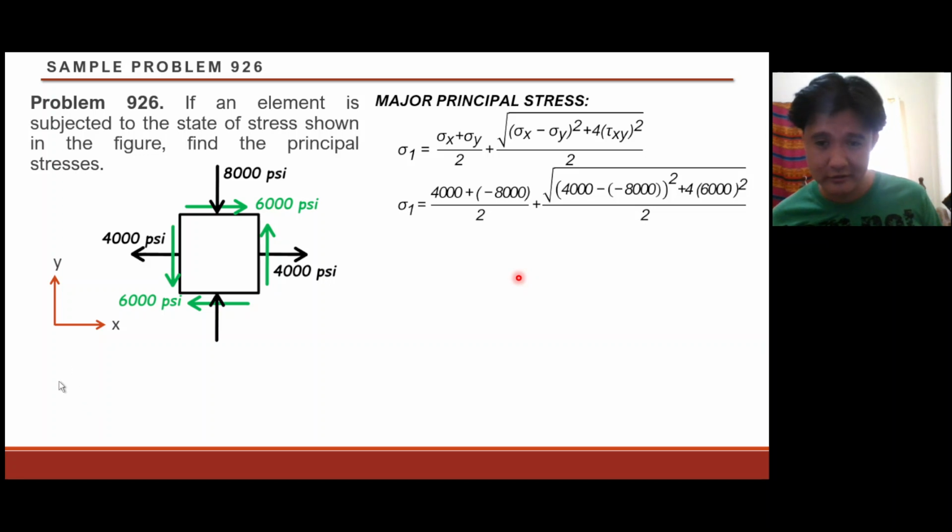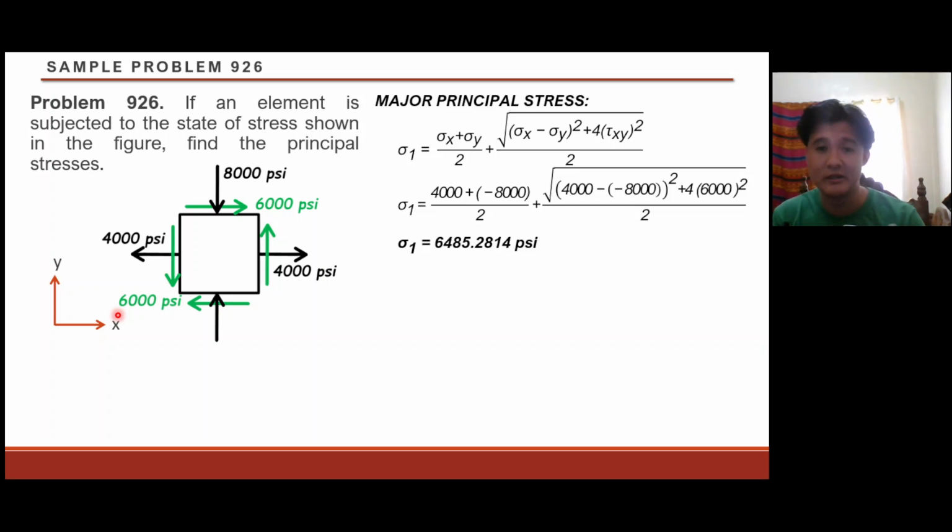Ano yung nakuha niyo? Sigurado ba yan? Testing ko din, ano? The answer should be 6,485.2814 PSI. Check ko lang din, kasi iba din yung nakuha niya eh. Negative 8,000.